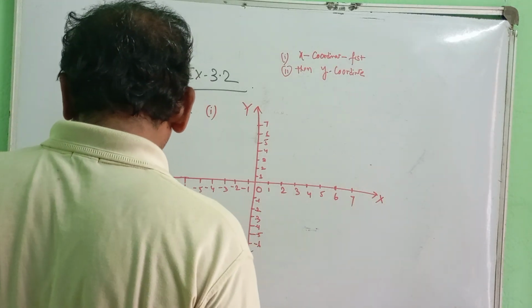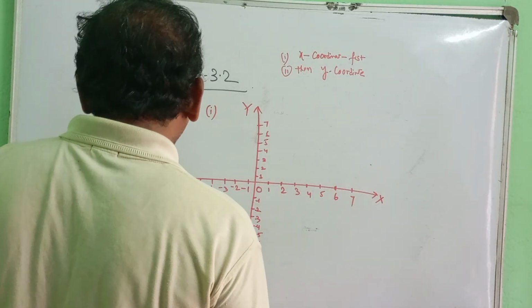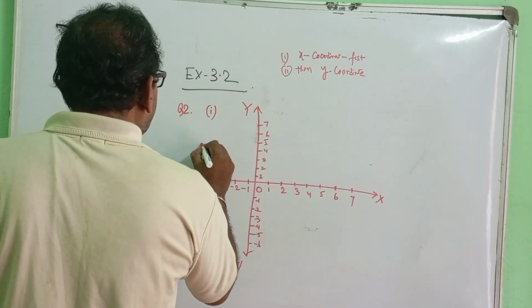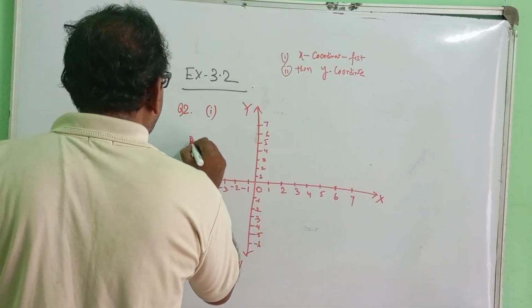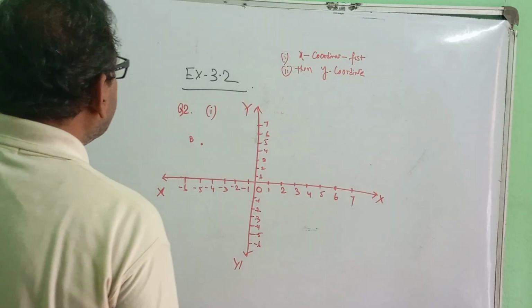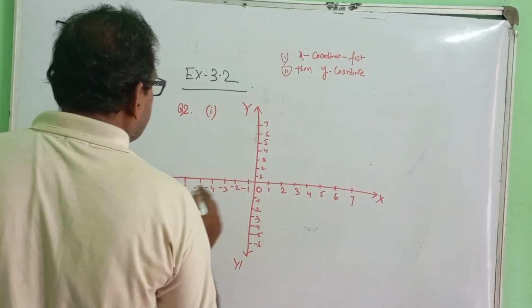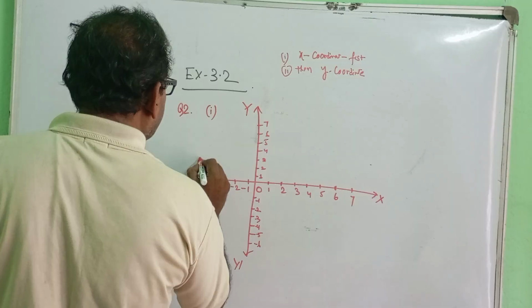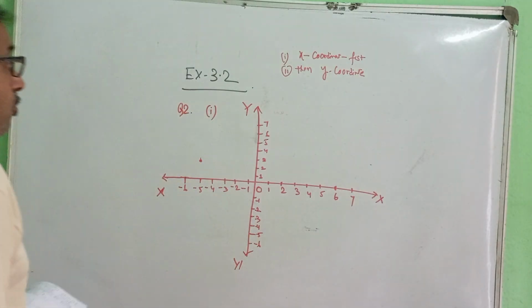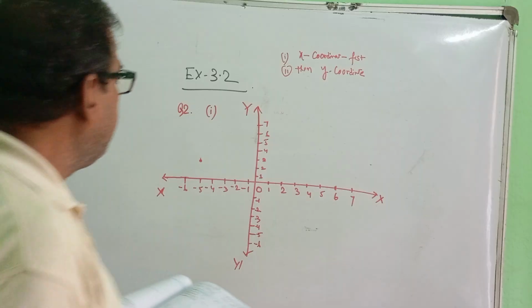Now they have considered the point B. How will we identify that?